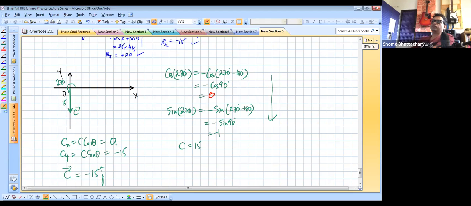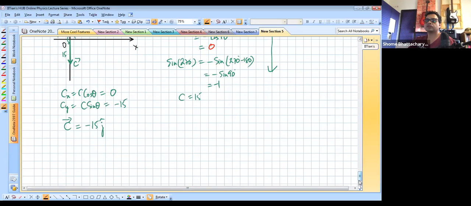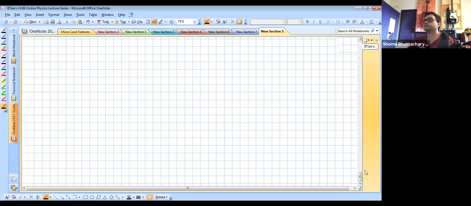So this becomes conversion of the geometrical information about the vector into the component form. So once we have learned this conversion of geometrical into component form, next thing is we'll see how we can use component form to do algebra. Alright, so hope this is clear to all of you.